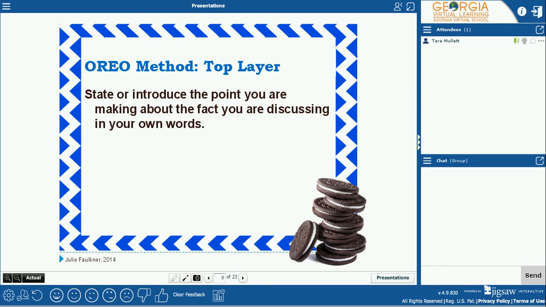Also, one of the ways that you can include a sandwich is to give a little bit of beginning to your quotes, meaning this character said, or one of the ones that I use is on page blank, the author stated that, or according to the text, for example.